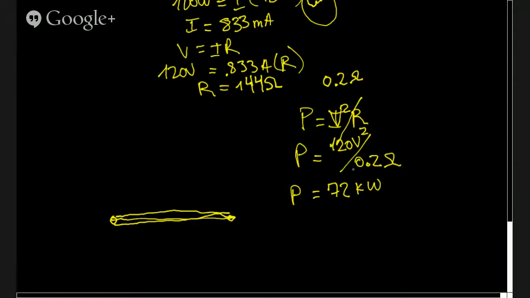That wire is going to have to dissipate 72 kilowatts worth of electricity as heat before it gets to our load. And that is why, boys and girls, we have these magical devices called fuses and circuit breakers.